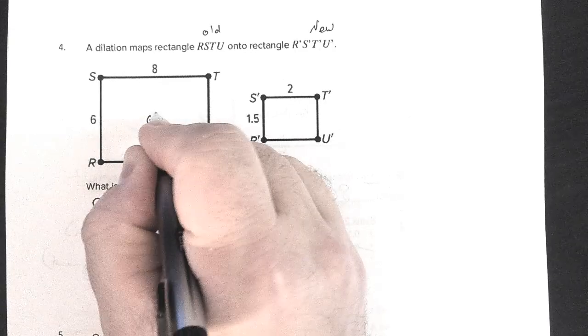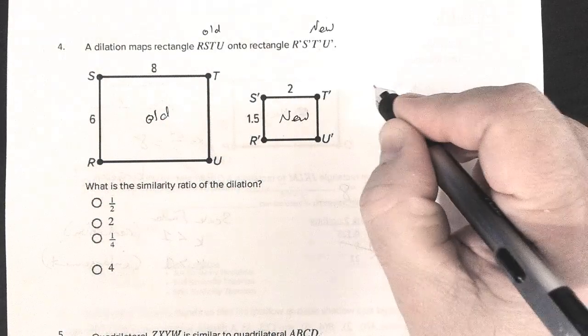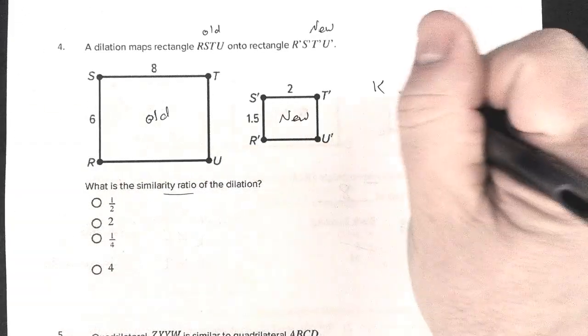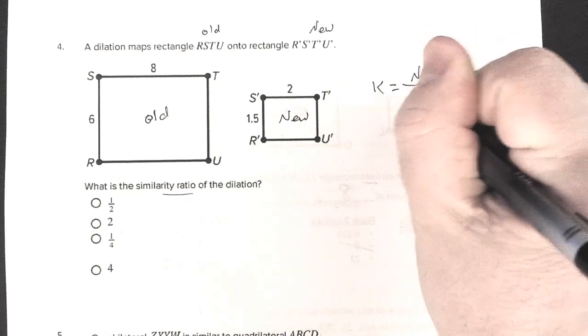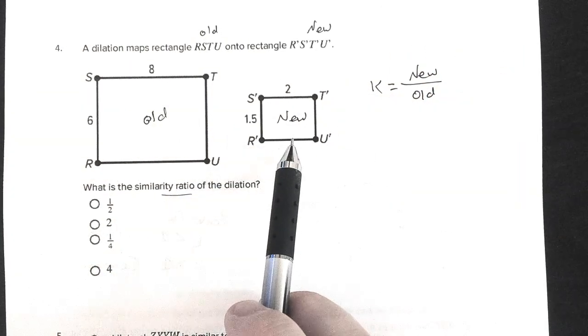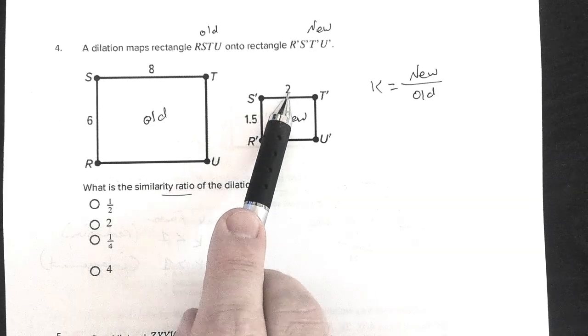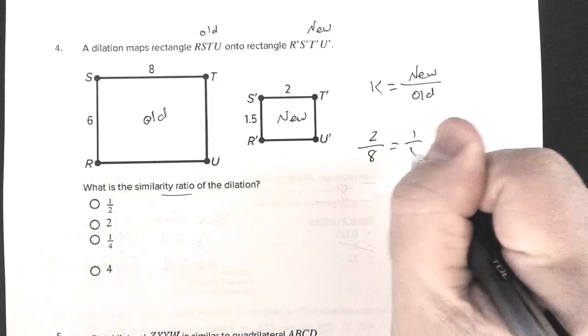For the scale factor, or similarity ratio, same thing, it is new over old. And of course we use corresponding sides. So new over old would be 2/8, which reduces to 1/4.